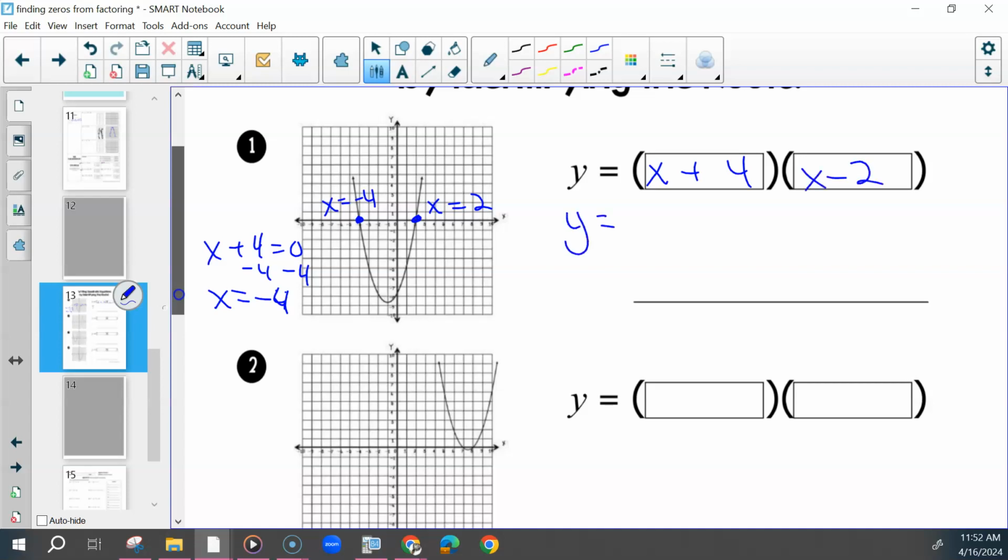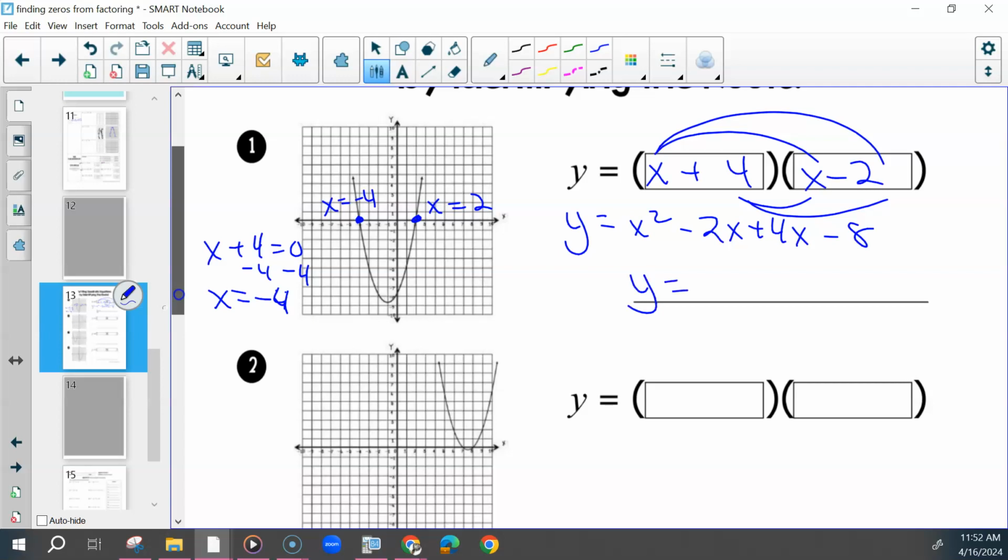Then we're going to go back to previous knowledge to distribute this. So x times x would give us x squared. And then we have negative 2x plus 4x minus 8.